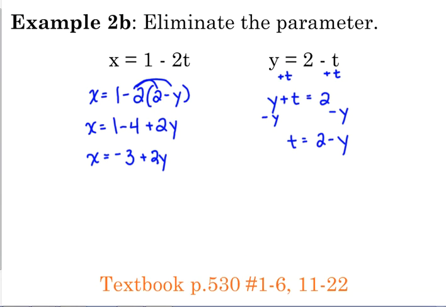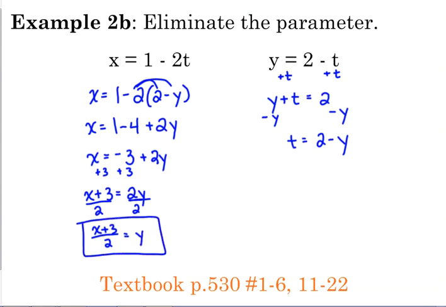Again, our instructions didn't really tell us what to do. If you're going to graph this to confirm that the parametric and the rectangular are the same, you do need to solve for y. So x plus 3 over 2 is equal to y. That's if you're going to use your calculator.